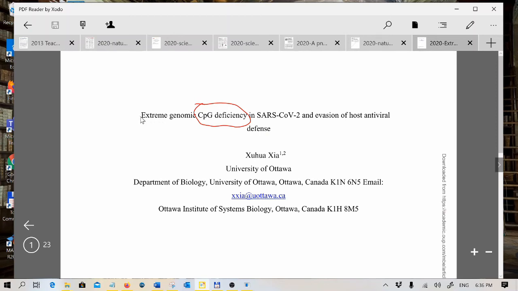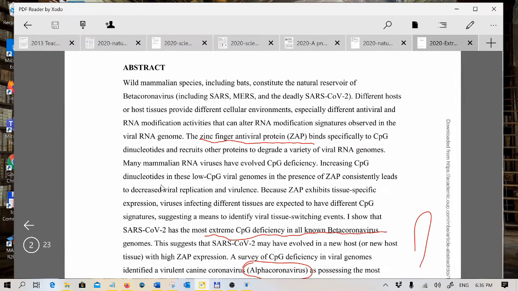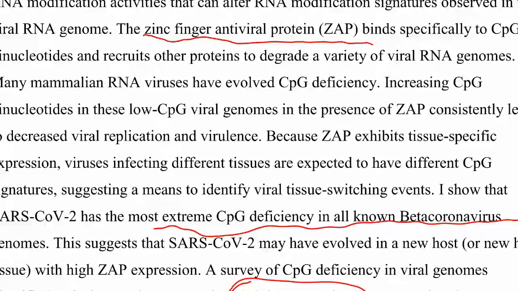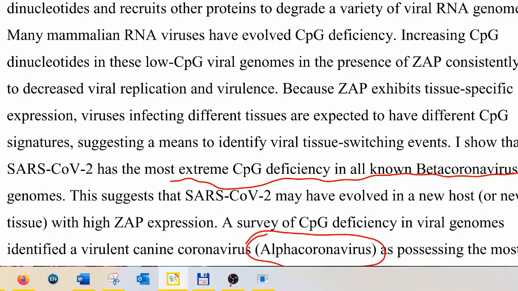What they found is extreme CpG deficiency in SARS-CoV-2, as an evasion of the host antiviral response.